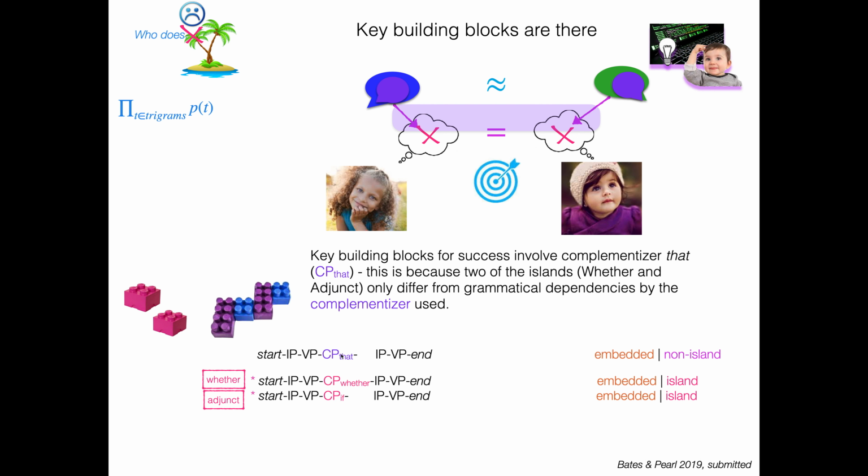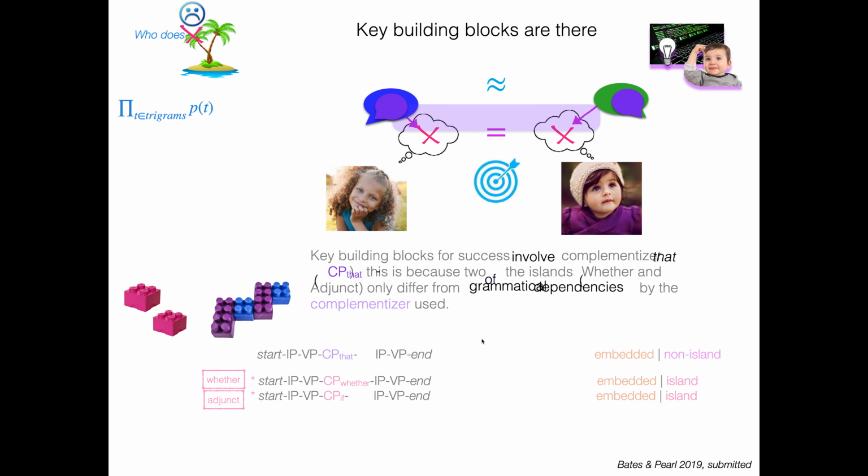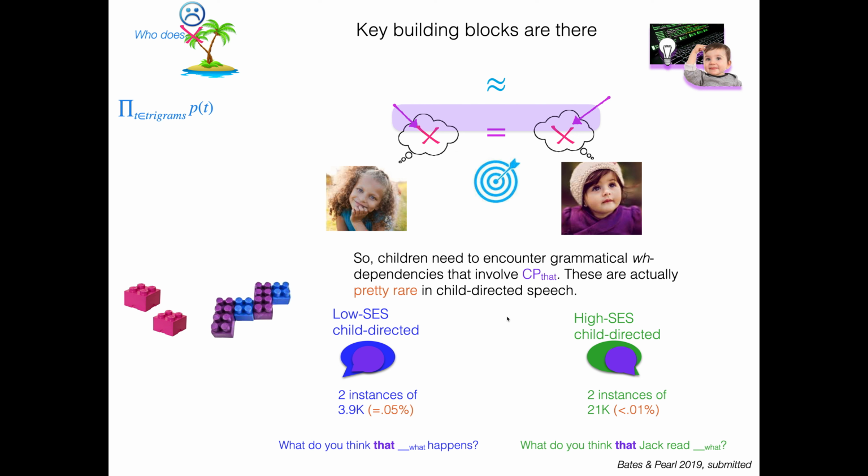And again, we can see this in the building blocks when we look at the WH dependencies' syntactic paths here, right? CP that versus CP whether versus CP if. So these are the dependencies, and the building blocks are the chunks that involve this phrasal node in this particular case. So children need to encounter grammatical WH dependencies that involve CP that in order to get exposure to the fact that this is an okay building block.